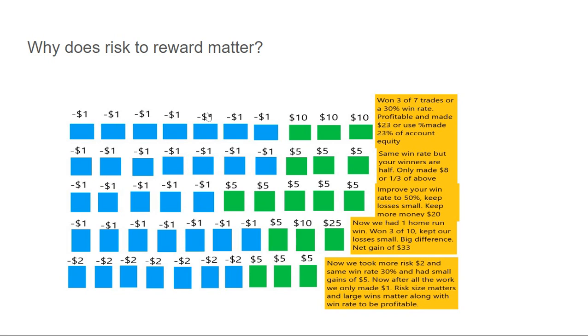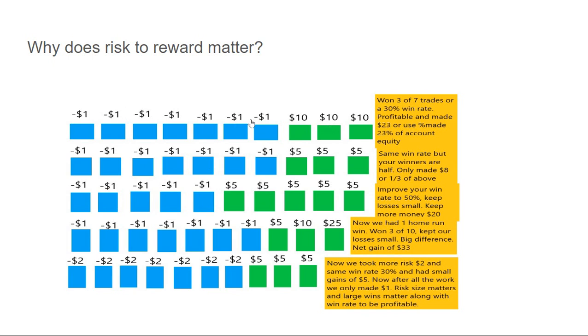But minus one. So we had 7 losses. We lost $7, and we had 3 nice wins. We won 10, and we won 10. So that's a very good average winning versus average loss.